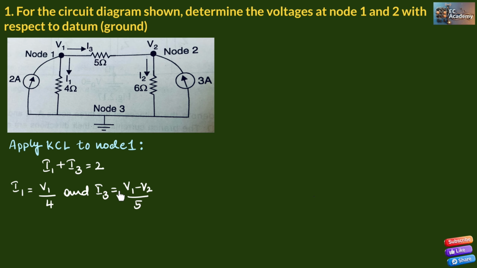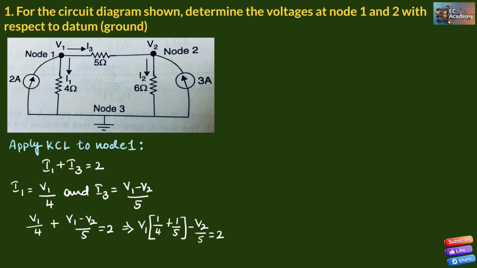If we substitute these two values in this equation, we can write V1 by 4 plus (V1 minus V2) divided by 5 is equal to 2. If we take the V1 term at one place, we can write V1 into (1 divided by 4 plus 1 divided by 5) minus V2 divided by 5 will be equal to 2. Now, if we simplify this fraction term, we will get 9 by 20.